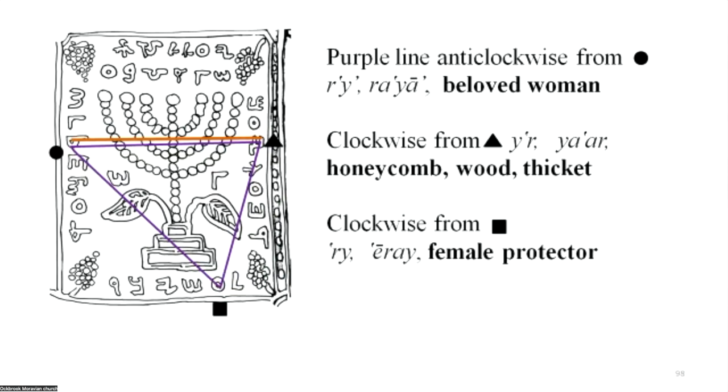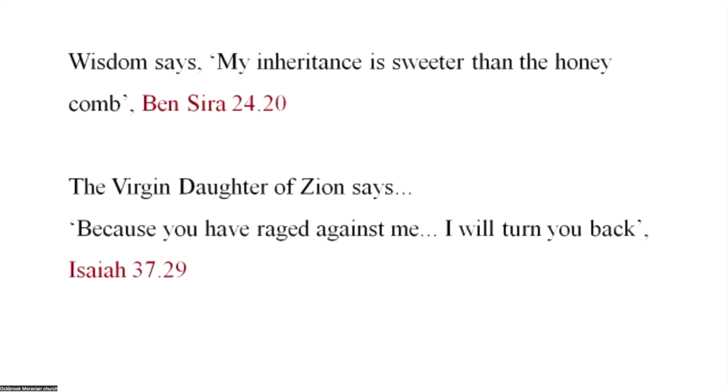And then the last word you can read around from this is the female protector. And then the last of them: wisdom, my inheritance is sweeter than the honeycomb. And then the protector, the virgin daughter of Zion, says, because you have raged against me, I will turn you back. That's the famous oracle.